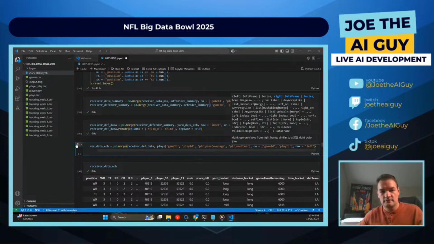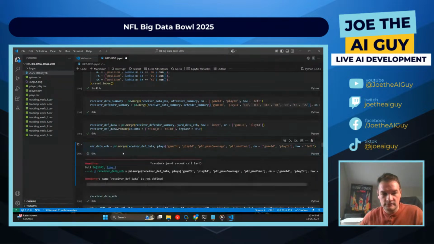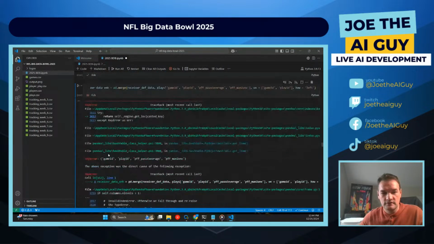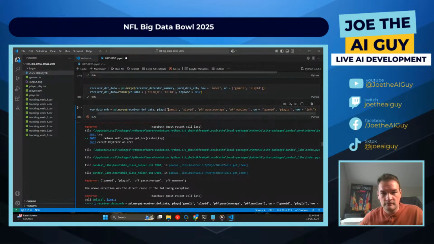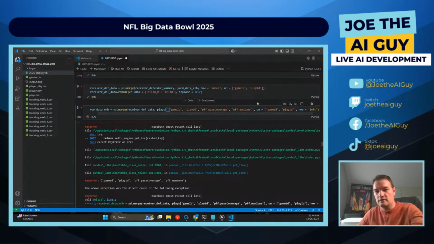See if we can pull that together. Right, that needs to run first, then this. Double bracket. Gotta stop making that mistake.